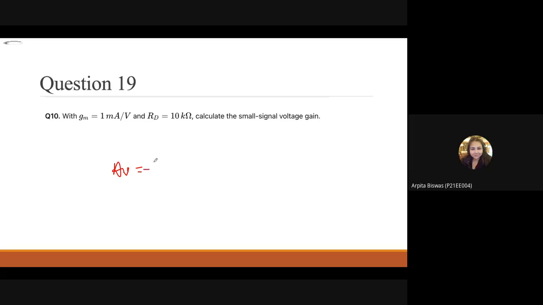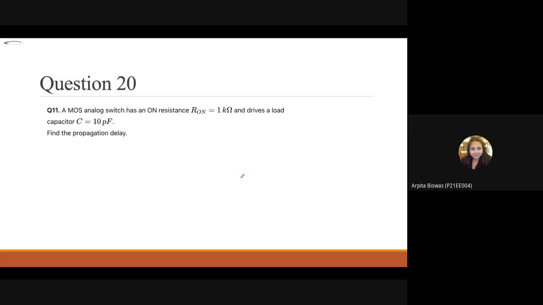Tell me the value. 1 milliamps per volt into 10 kilo. So kilo and milli cancel out, so gain value is minus 10. Okay.